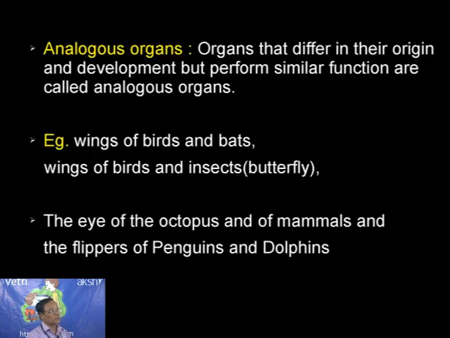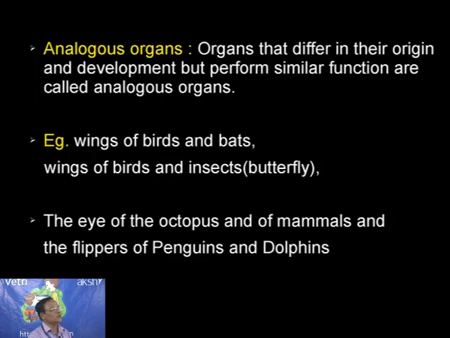So take two different groups of animals, say an insect and a bird. Both are having wings. Both are entirely different. If you take the wing origin of insect, that is different. It is nothing but the expansion of the cuticle. In the case of bird, it is a feathery covering. It is entirely different. It is made of bones, feathers and muscles derived from ectoderm and the mesoderm.